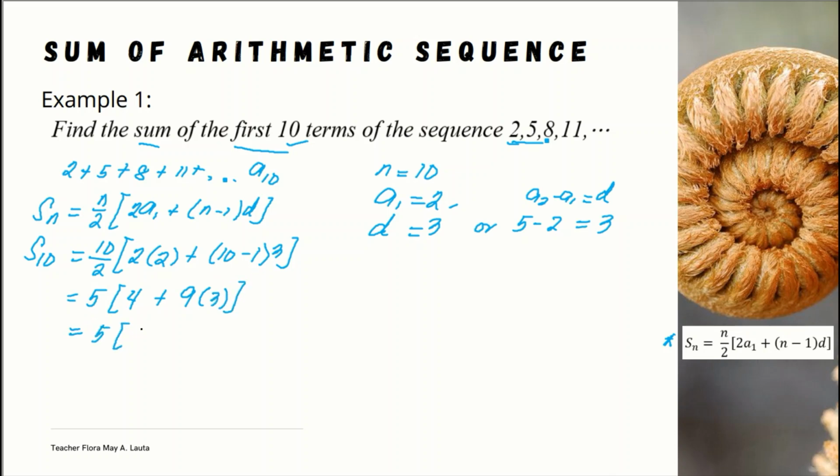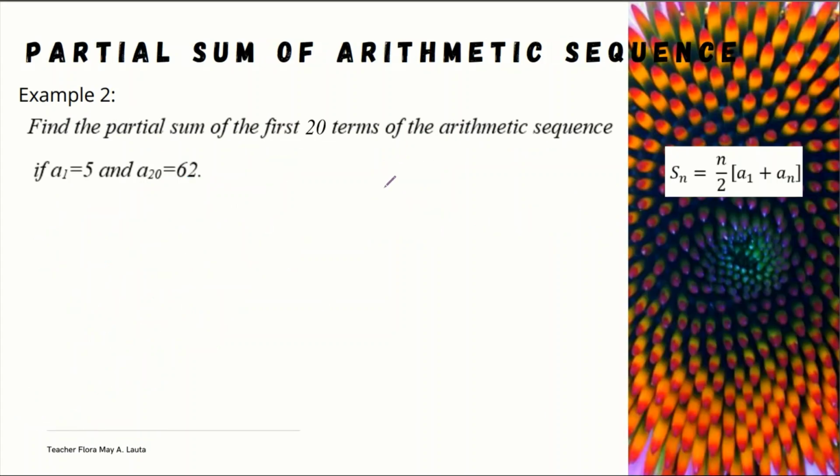Then 5 times the quantity 4 plus 27, and 4 plus 27 is 31, right? So this will be 155. So the sum of the first 10 terms of the sequence 2, 5, 8, 11, and so on is 155.